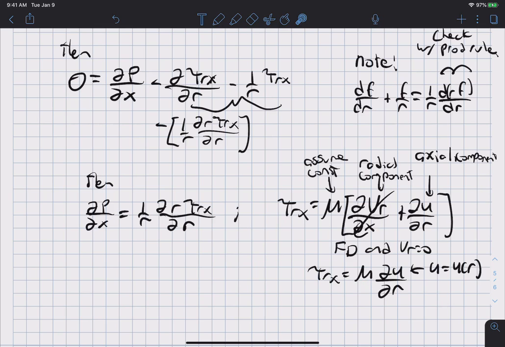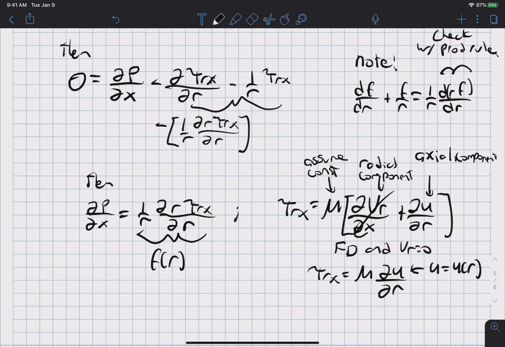Mu is constant, and this is a function of r only. That means that tau is a function of r only, and so this whole term here is a function of only r.